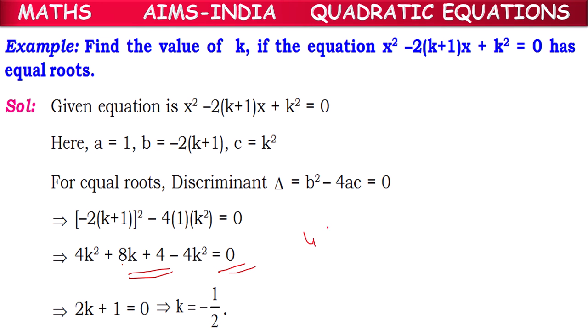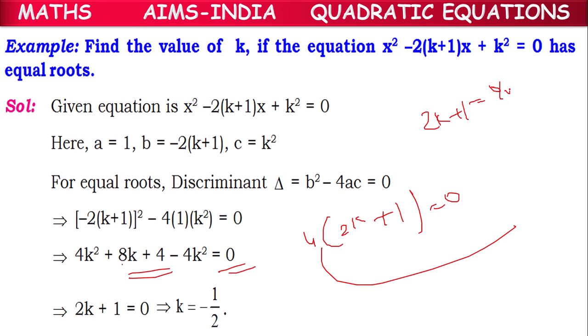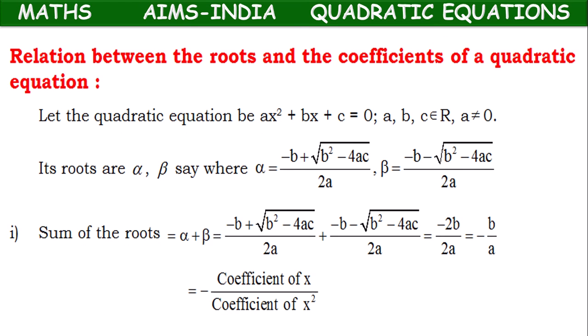We can take 4 common, so 2k plus 1 equal to 0 by 4, which is equal to 0. So 2k plus 1 equal to 0. K equal to minus half.